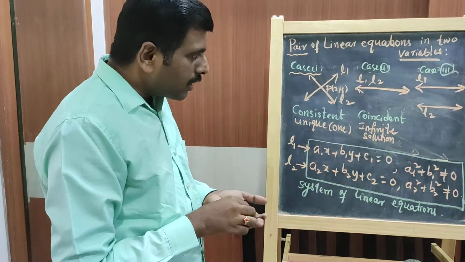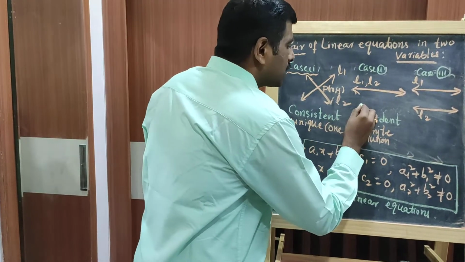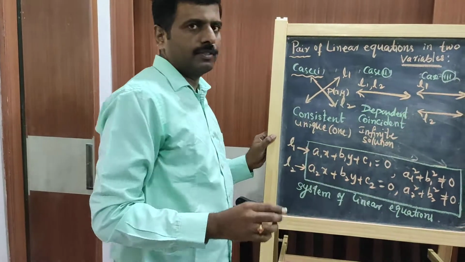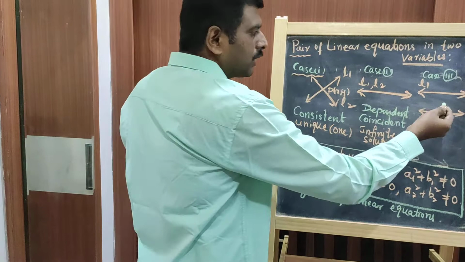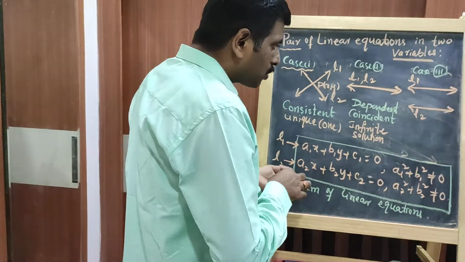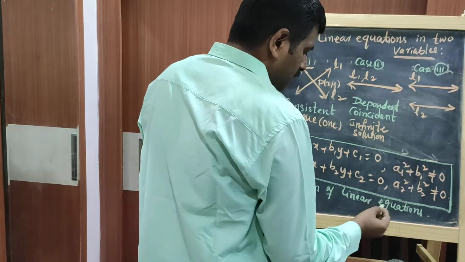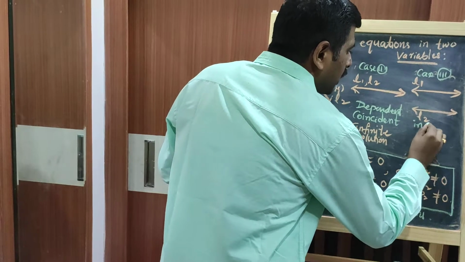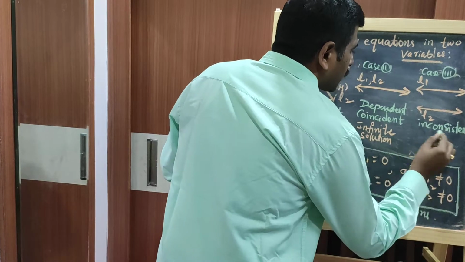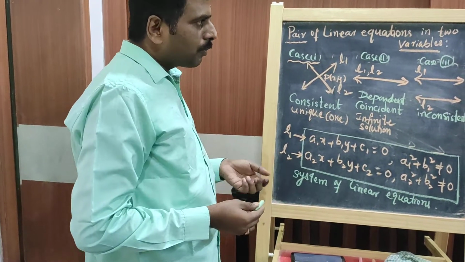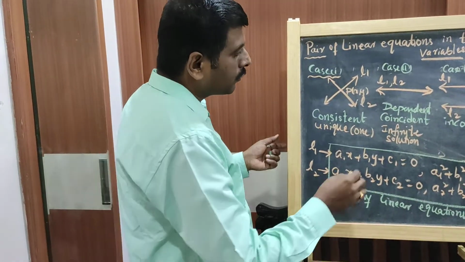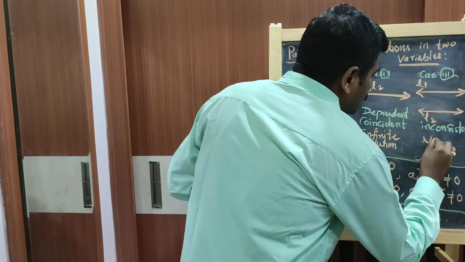This is also called a dependent consistent system of linear equations. Now in the third case, the two lines do not intersect, so there is no solution. This type of system is called inconsistent linear equations.